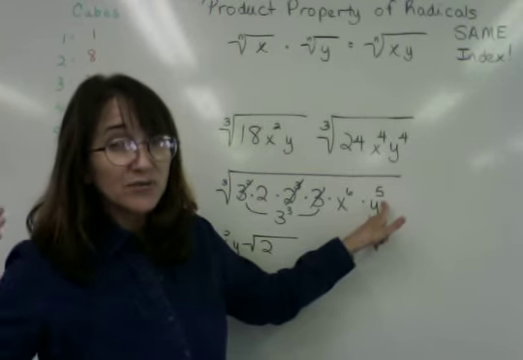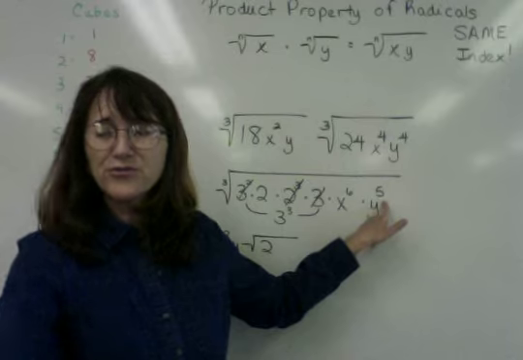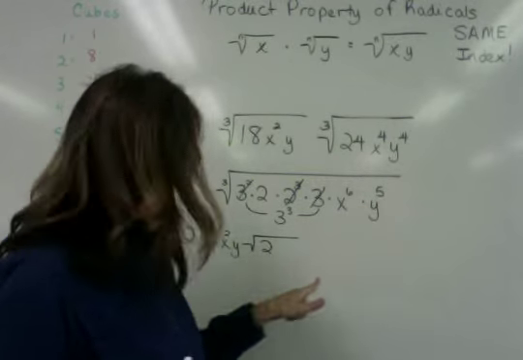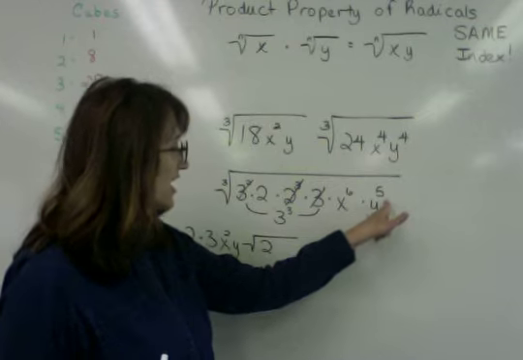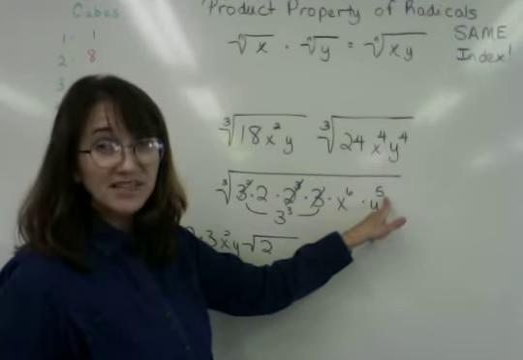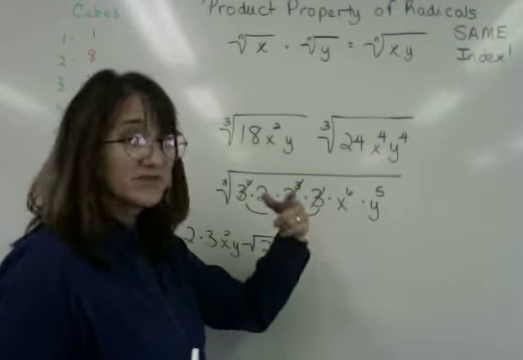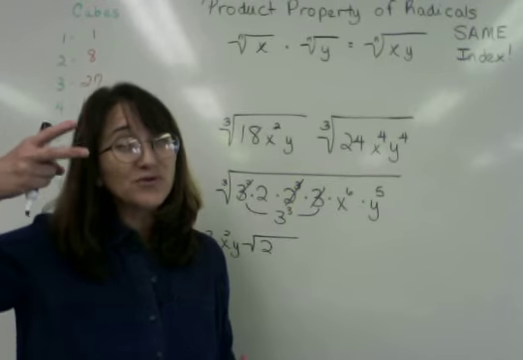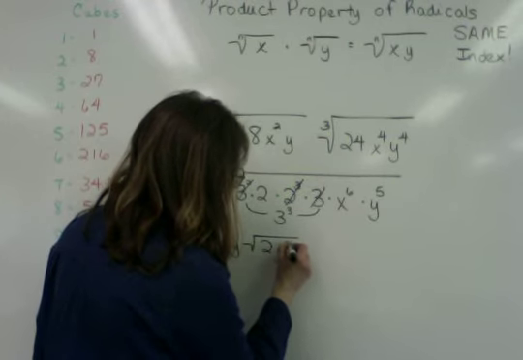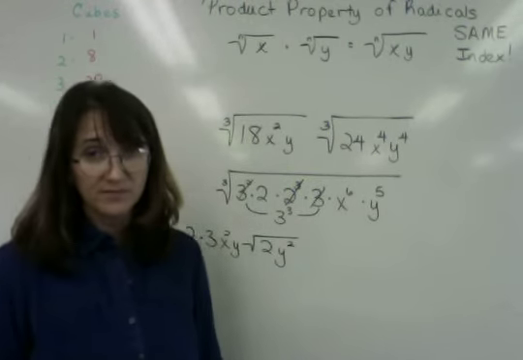You could do it either way. I could take out 3 of those by dividing it by the 3, and that would come out one time, but I still have some y's left. So basically it's 5 minus 3, or 5 divided by 3, leaving 2 as a remainder. And so under here, I'm going to have y squared that would remain there.